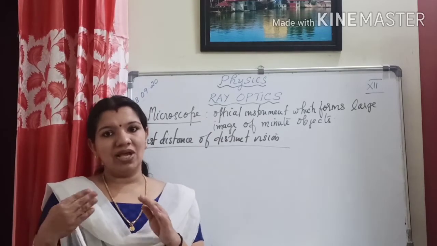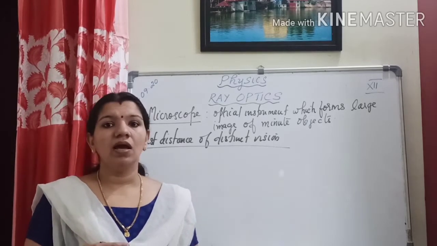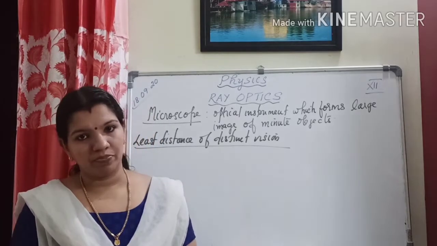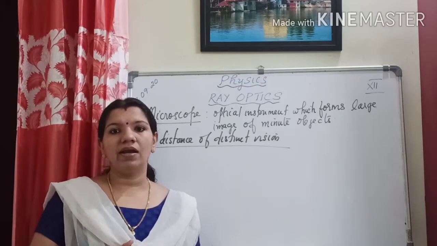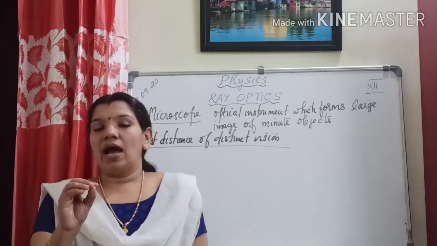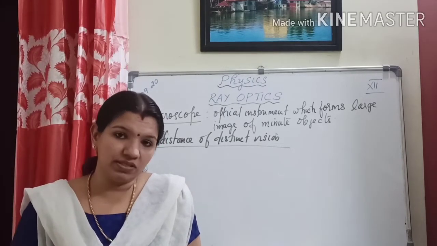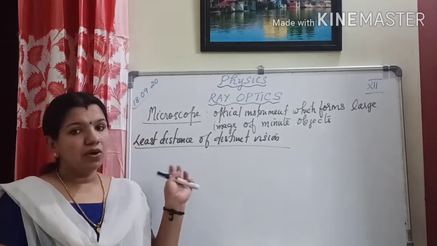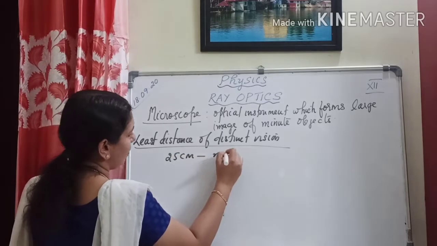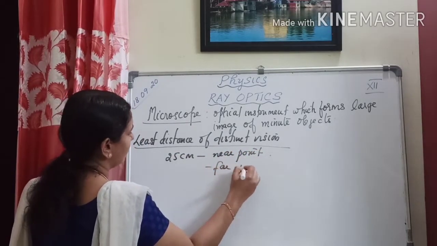But if there is any change in this near point and far point, it will result in the defects of human eye, like what are they? Myopia, hypermetropia, etc. But this year no need to study that. Already you have studied how to correct it, everything you know. So for a naked eye or for a normal human eye, the least distance of distinct vision is always what? 25 centimeter, and it is also known as the near point. Isn't it? Now far point is infinity.